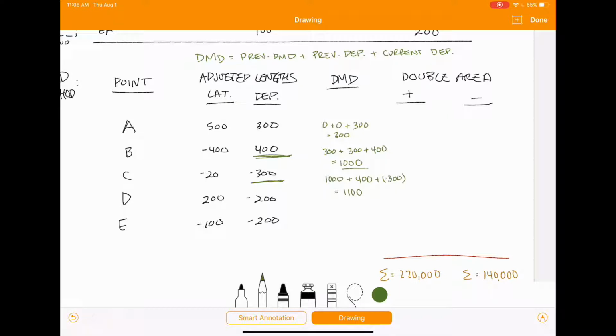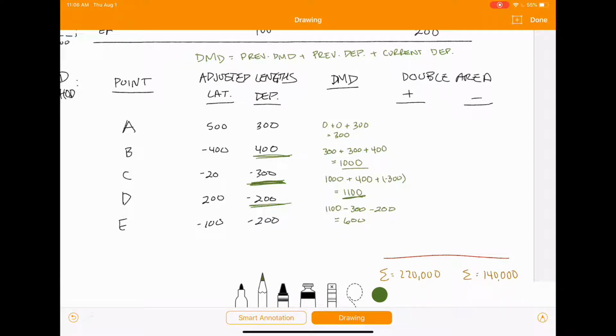And for D, previous DMD, 1100 plus our previous departure, which is negative 300, plus our current departure, negative 200, for a total of 600.